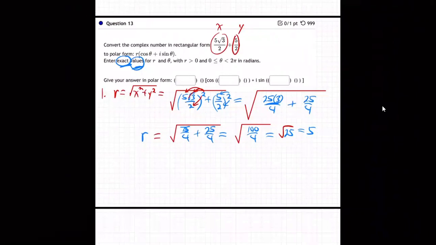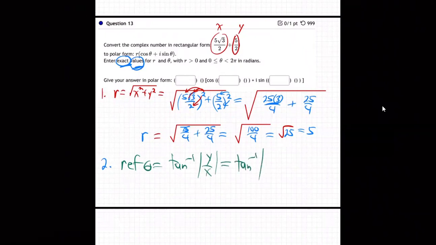So now step 2, we do the inverse tangent thing. The reference angle is inverse tangent of the absolute value of y over x. I'll just make them positive. Y is 5 halves over x, which is 5 root 3 over 2. How do we simplify that?